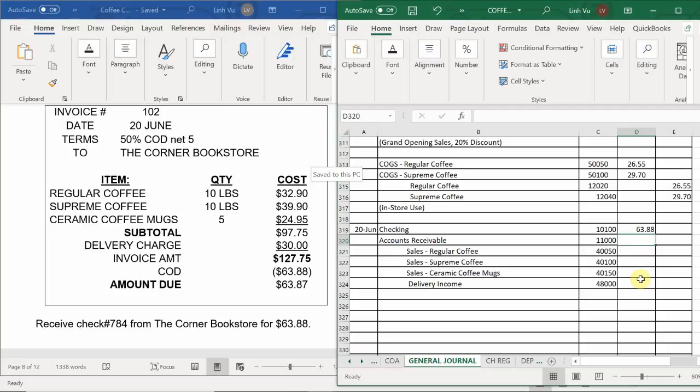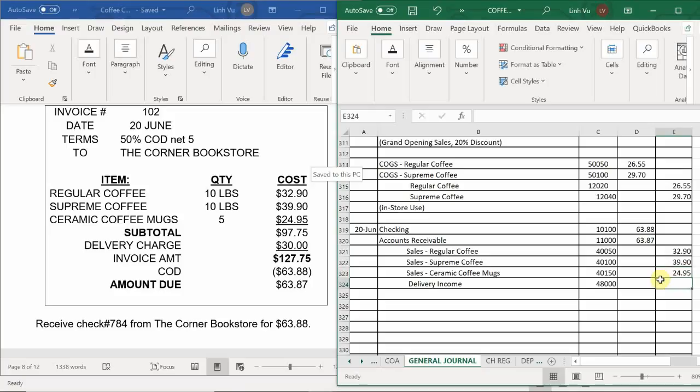So they received the amount due, the $63.87. And then you have your regular coffee for $32.90, your supreme coffee for $39.90, and your mugs for $24.95.